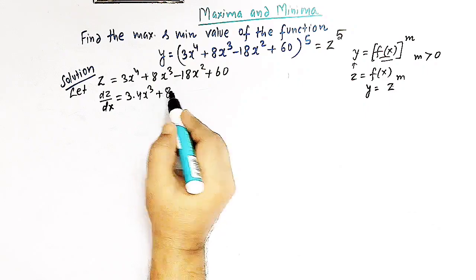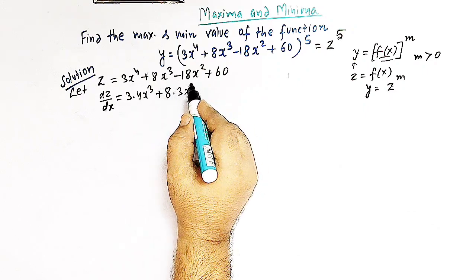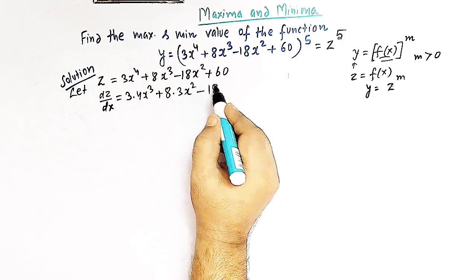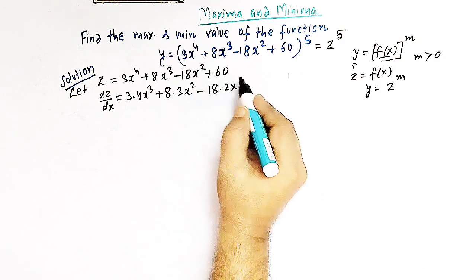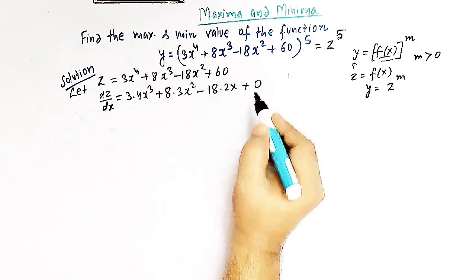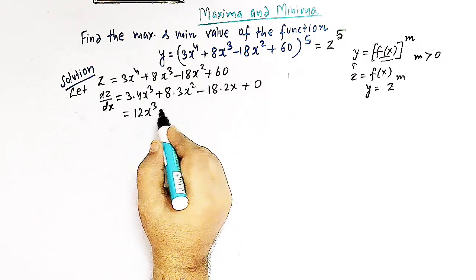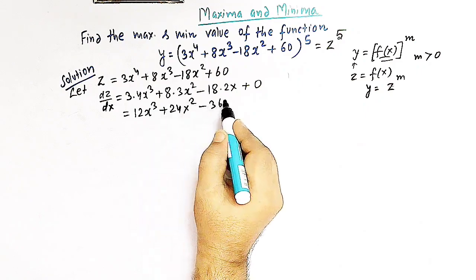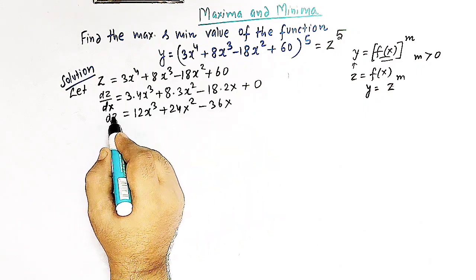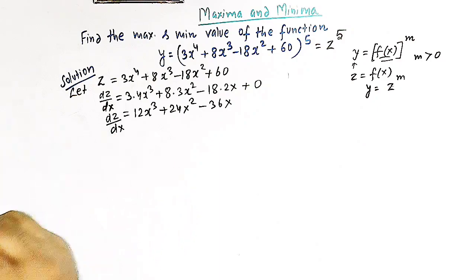Then here we have 8 times the derivative of x^3, which is 3x^2, and here we have minus 18 times the derivative of x^2, which is 2x, and the derivative of 60 is 0. So we have 12x^3 + 24x^2 - 36x, right? So this is our first derivative of z with respect to x.